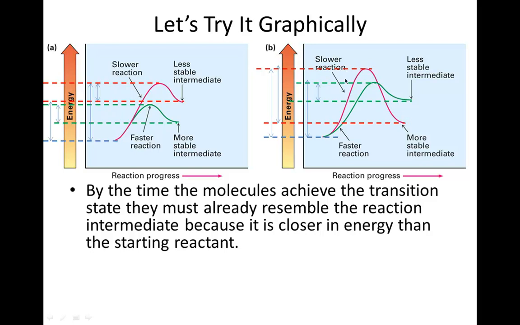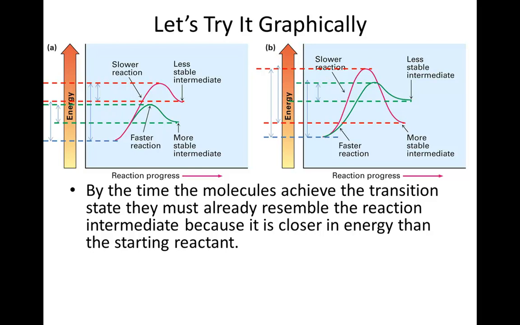And so this difference is still less than going back to here. So by the time you get over the top of the hill, you already look more like your destination in a case where you're going through a reaction intermediate. Now that wouldn't be true if this were a one-step reaction and it was exothermic. We're talking about two-step reactions that go by way of some reaction intermediate.